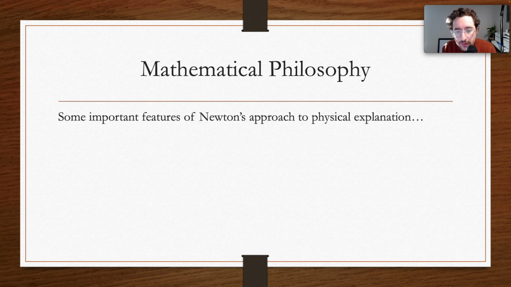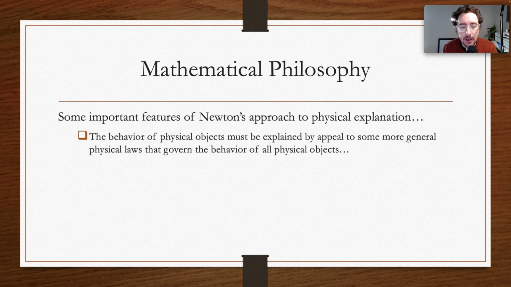All right, so some important features of Newton's approach to physical explanation. The behavior of physical objects needs to be explained by appeal to some more general physical laws that govern the behavior of all physical objects. So, when the baseball hits the bat, you don't just say the baseball moved because the bat hit it. No, there's some deeper, further explanation about a law of nature that all objects, not just this baseball, not just this bat, are going to obey.